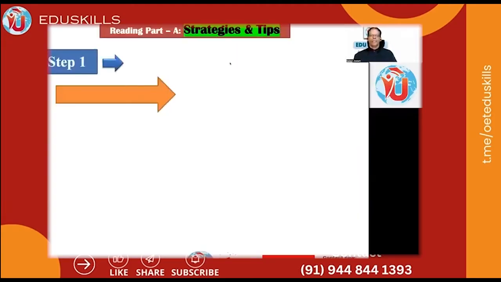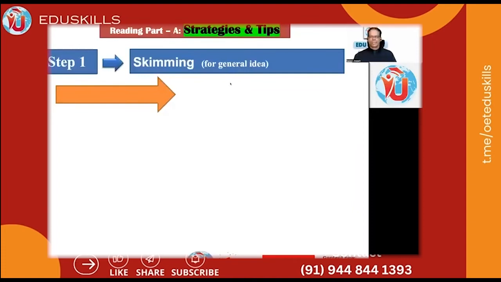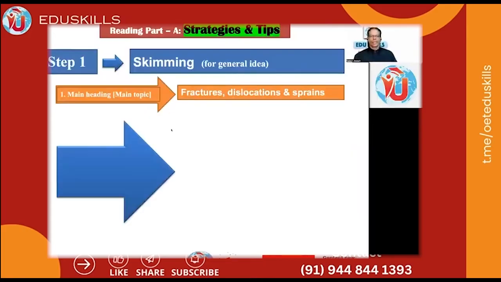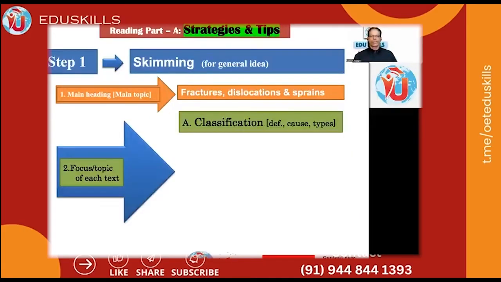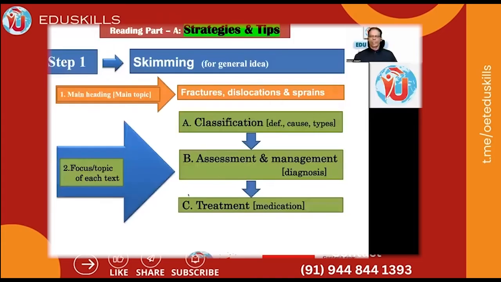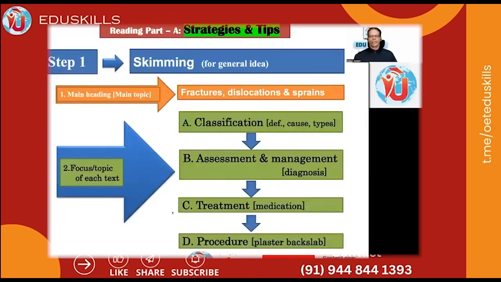Now, reading strategies and tips. Step 1, skimming for general idea. Main heading, main topic: fractures, dislocations, and sprains. This is the main heading of today's reading. Skimming for general idea also includes the focus and topic of each text: classification, assessment and management or diagnosis, treatment, and the fourth one, procedure of plaster, backslab.